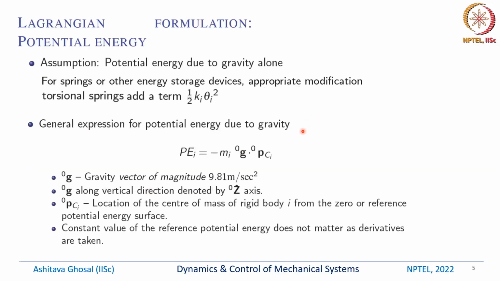The other element in the Lagrangian formulation is the potential energy of a rigid body or the system of rigid bodies. So when we want to compute the potential energy, the main assumption in this formulation is that the potential energy is due to gravity alone.